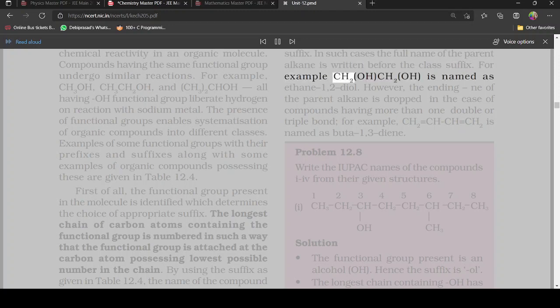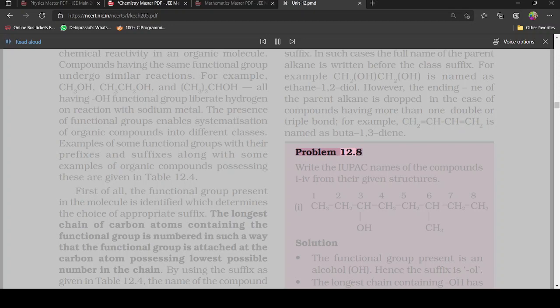For example, HOCH2CH2OH is named as ethane-1,2-diol. However, the ending 'e' of the parent alkane is dropped in the case of compounds having more than one double or triple bond. For example, CH2=CH-CH=CH2 is named as buta-1,3-diene.